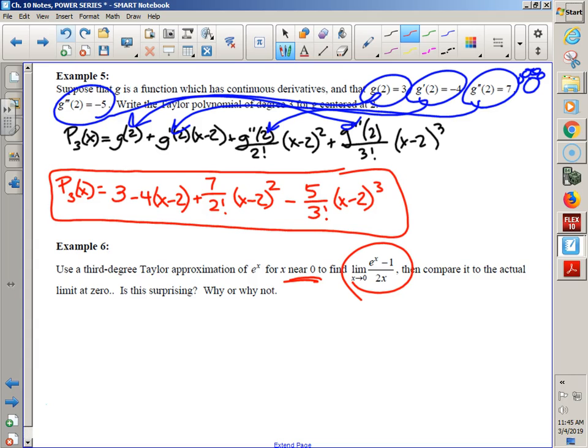So what am I going to do? P sub 3, the third degree of x, is equal to... Isn't e to the x its own derivative?